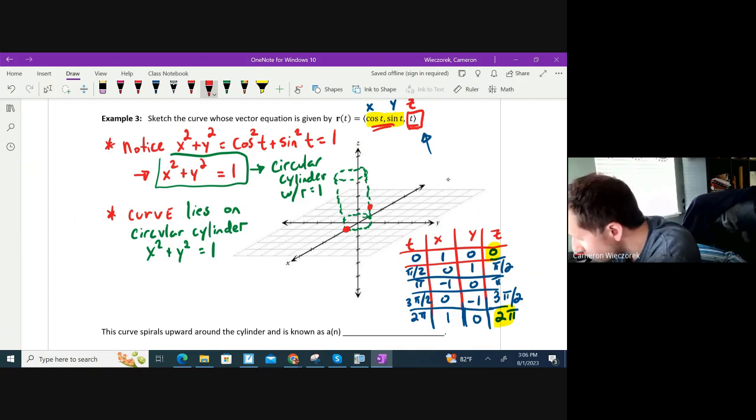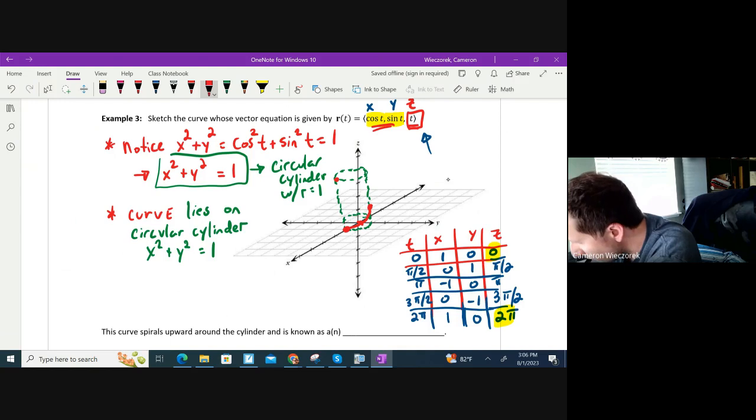Okay, there's so far where we're at. Next up, at pi, we are at negative 1, 0, pi. So now we graph this, we're at negative 1, 0, and then we're up in the air about here now. A little bit like 3.14 units up in the air. And so this is really what it's doing.